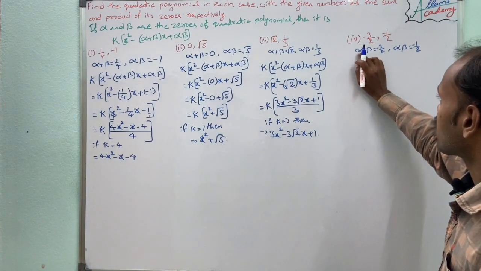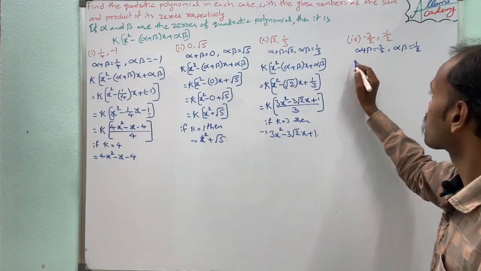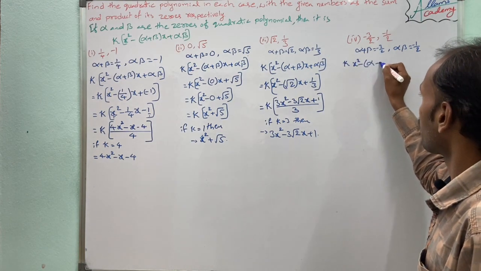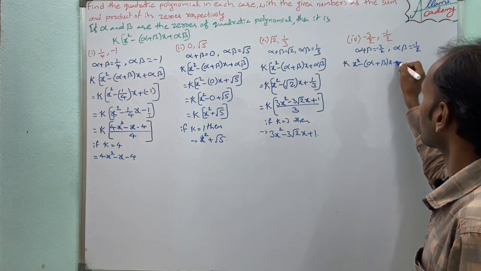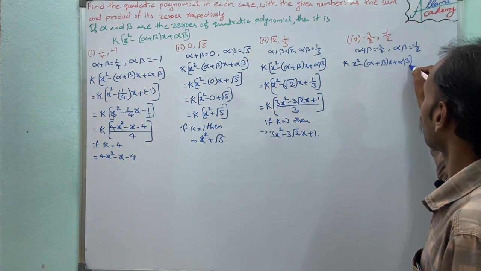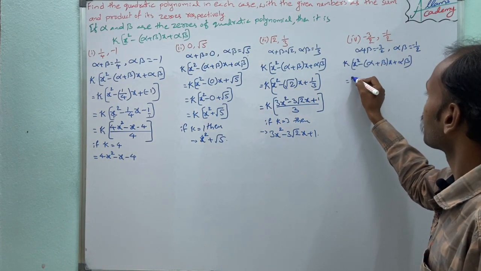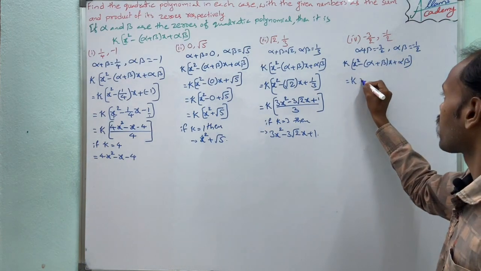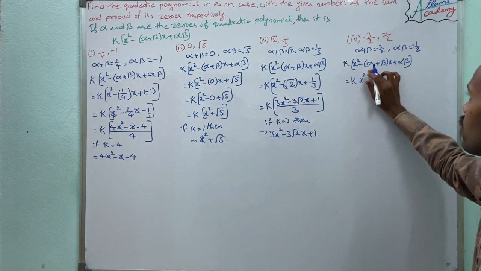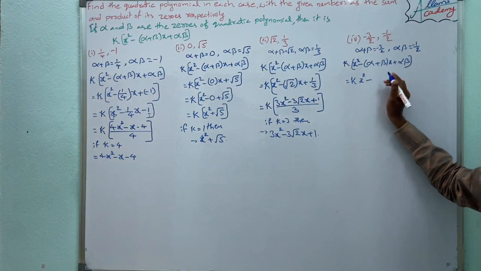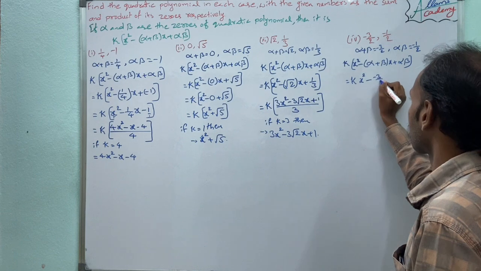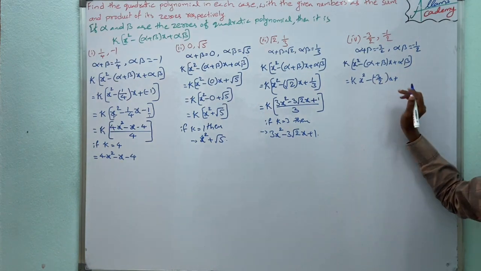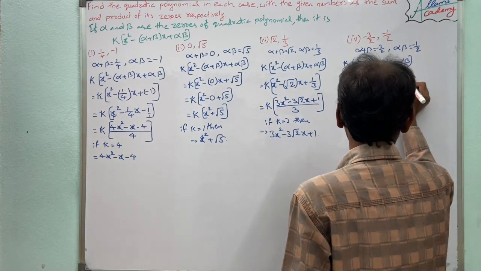So the zeros alpha, beta being given, the polynomial is k into x² minus (alpha plus beta) x plus alpha beta, and here the sum of the zeros is minus 3/2. So k into x² minus (alpha plus beta), writing minus 3/2, plus alpha beta, minus 1/2, substituting.